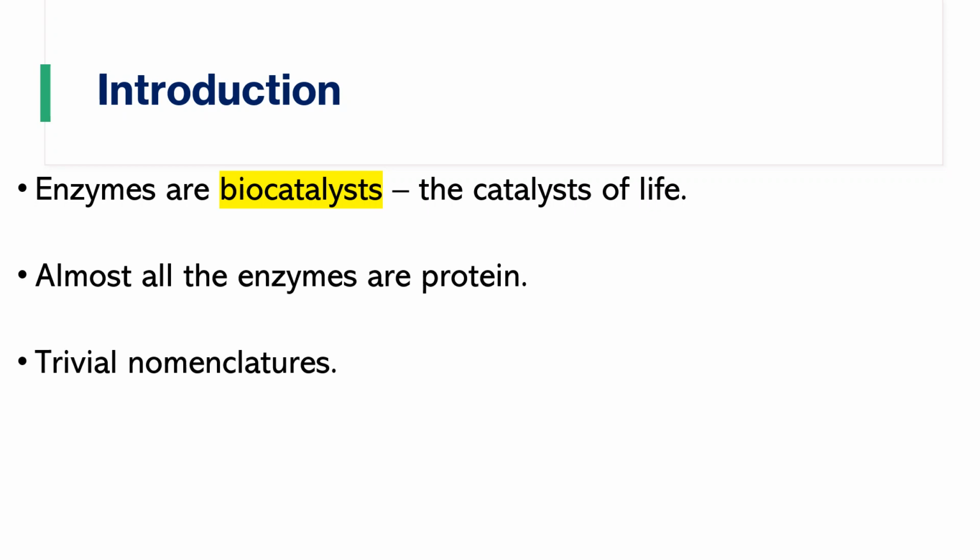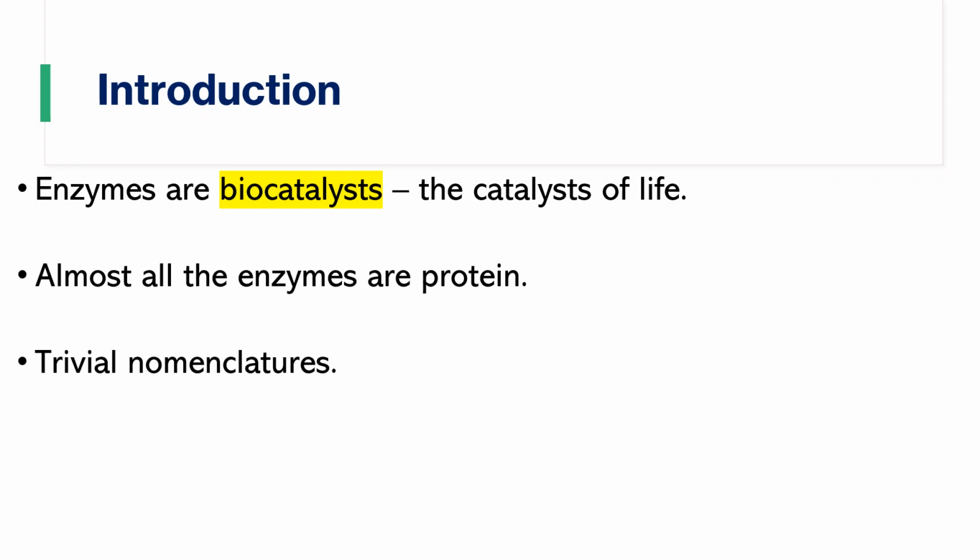Now if you see the nomenclature of enzymes, initially we didn't have any actual system for it. Initially, enzymes were given random, arbitrary names like pepsin, trypsin, chymotrypsin. So there was no system for that.